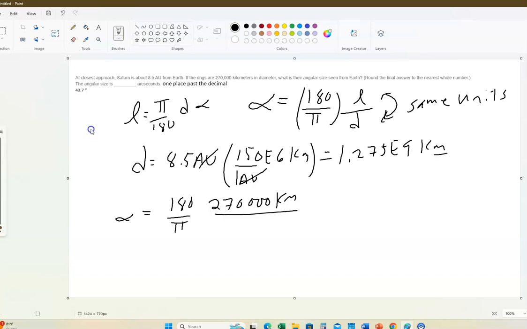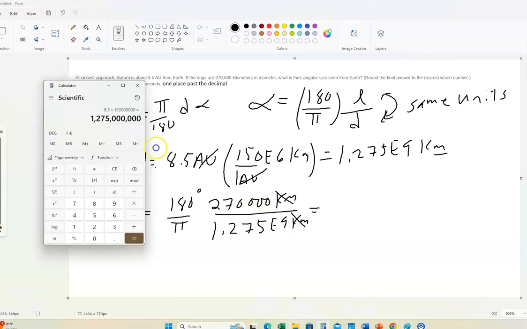Divided by 1.275 times 10 to the 9th kilometers, right? So the kilometers cancel. And that'll give us an answer in degrees. We're going to change that because it asks for arc seconds. We'll change that in just a second.